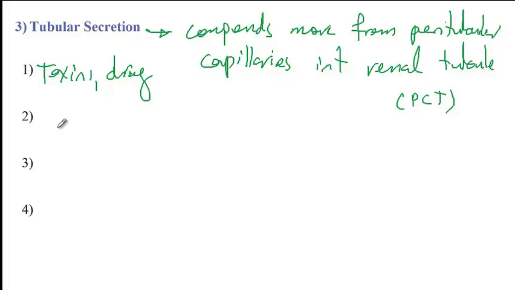Then we have the nitrogenous waste, like for instance urea and uric acid, some of which are passively reabsorbed from filtrate, but then there would again be tubular secretion to push them back inside the tubule and get excreted. Then we have the aldosterone hormone.